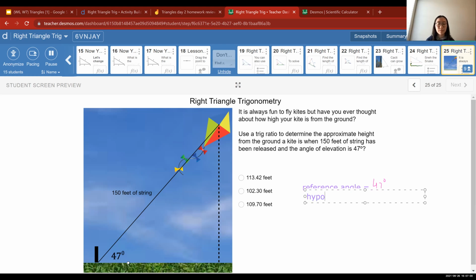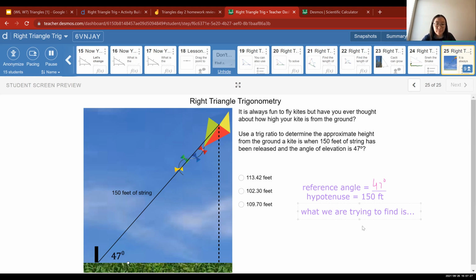So what side is that in relation to 47? Is it the adjacent side or the opposite side? Type your answer in the chat. The height of the kite from the ground. Be careful. Which line of that triangle is the height of the kite?